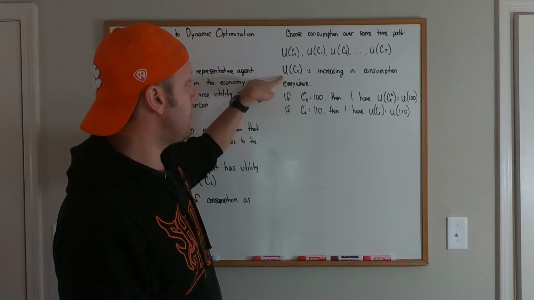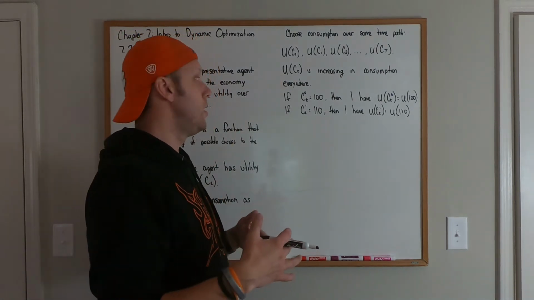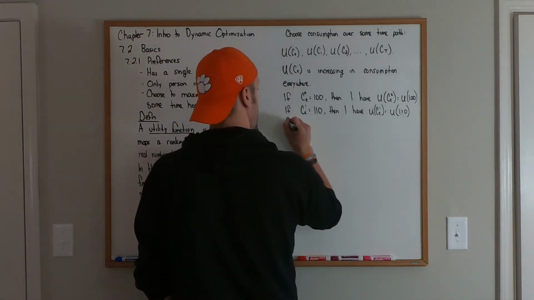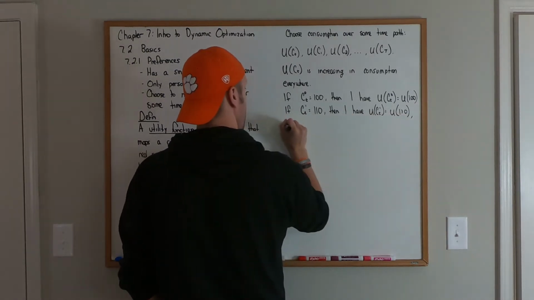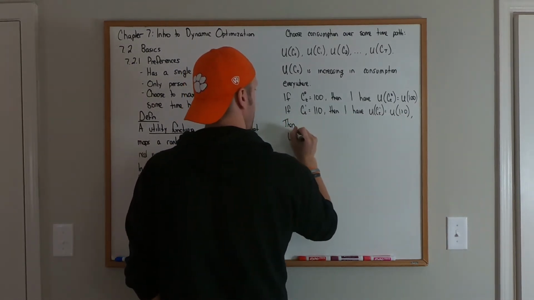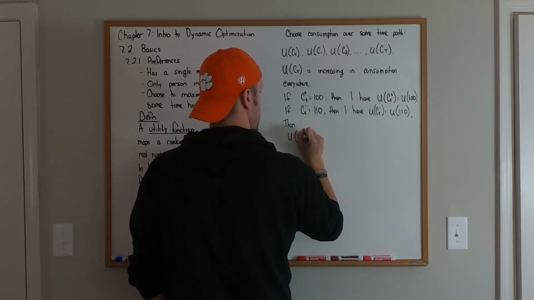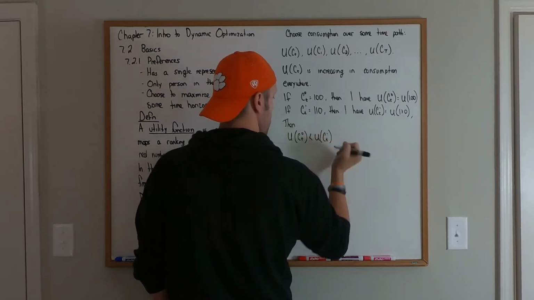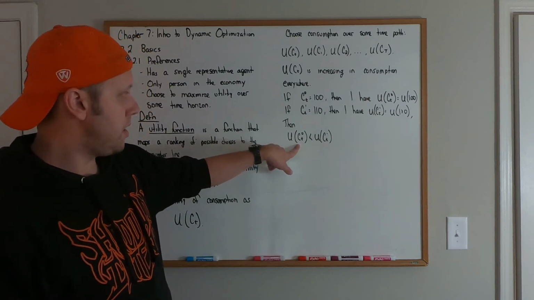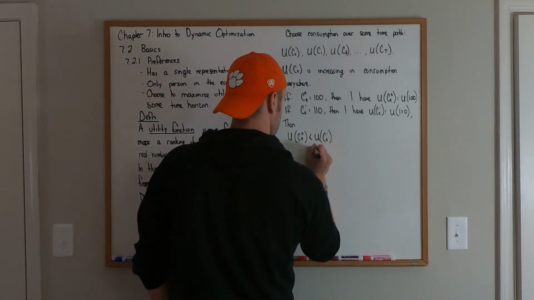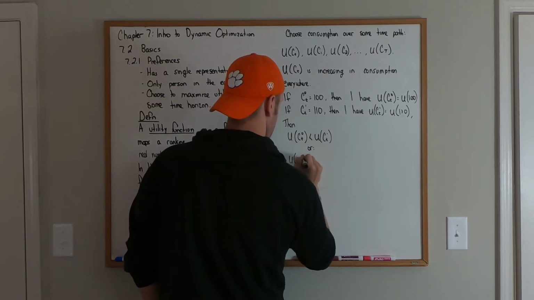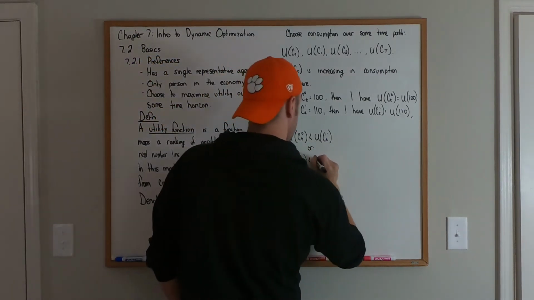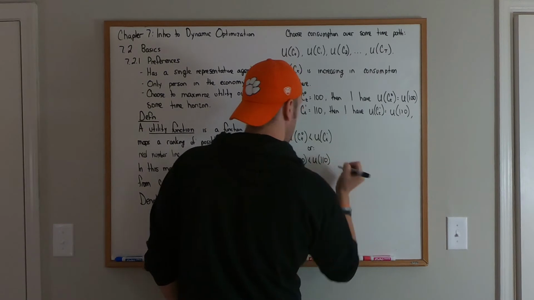Because u of C_t is increasing in consumption everywhere, meaning there is no level of utility that will be lower by consuming more, then u of C_t^0, or u of 100 units of consumption, is going to be less than u of C_t prime, which would be u of 110 units of consumption.